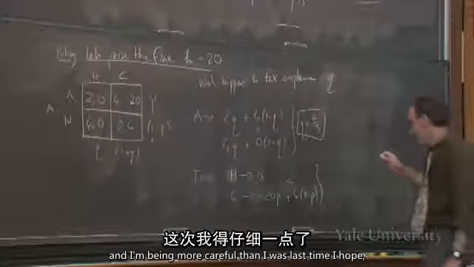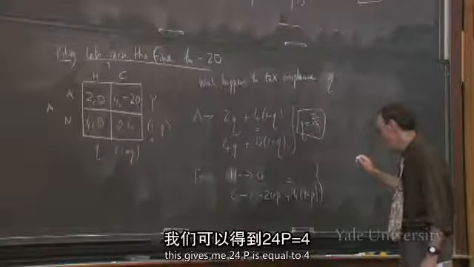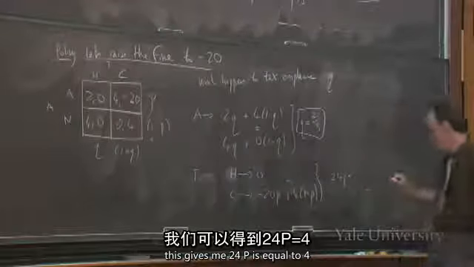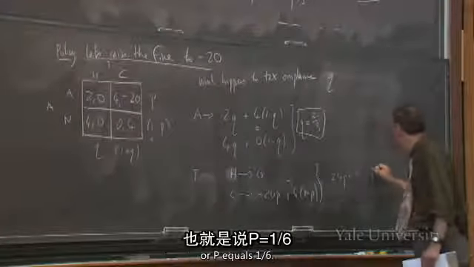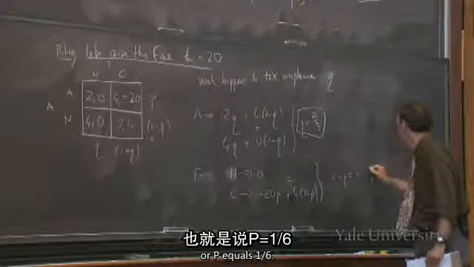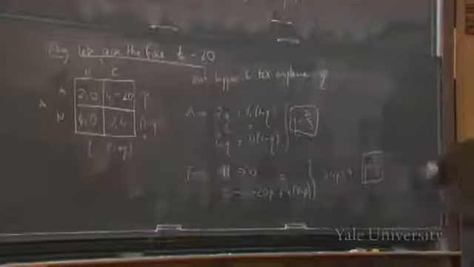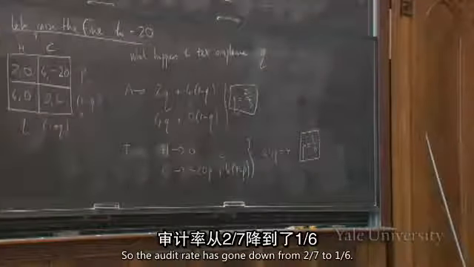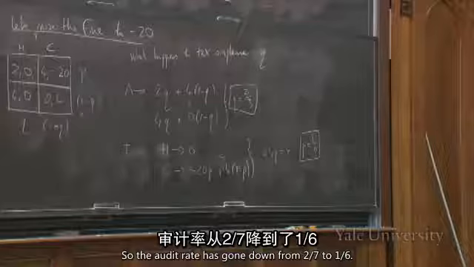Being more careful than I was last time, I hope, this gives me 24P is equal to 4, or P equals 1/6. So the audit rate has gone down from 2/7 to 1/6.